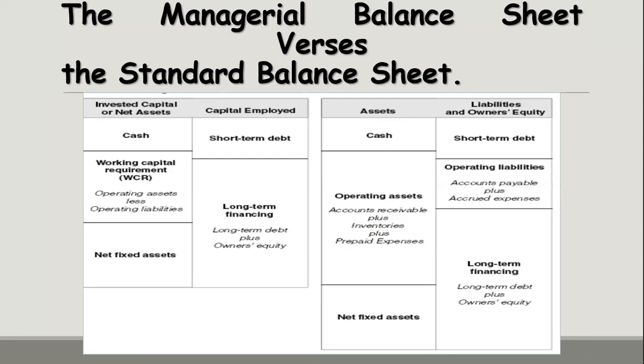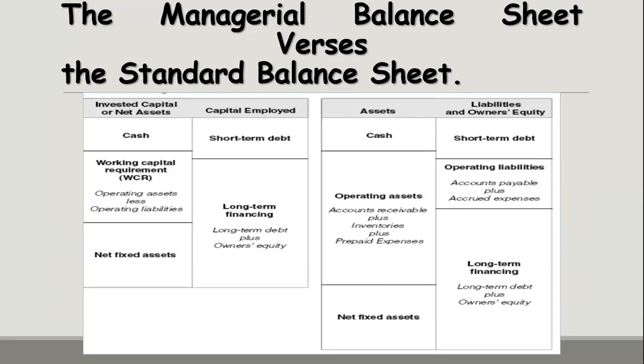It gives us the picture of the working capital required, thereafter net assets. Now, the capital employed includes on one side the short-term debt and on the other side the long-term debt. Long-term debt plus owner's equity is the total capital employed to the investment.